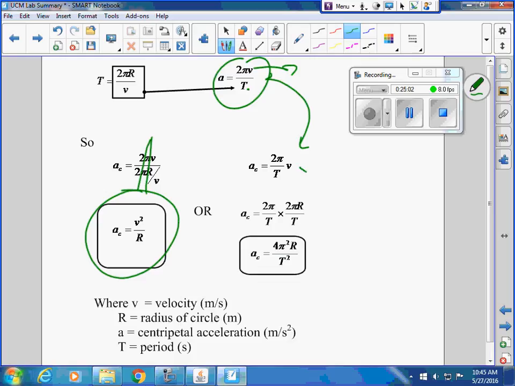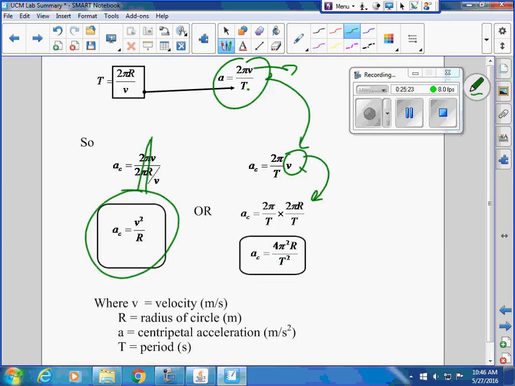Then I'm going to replace that v with 2 pi r over t from before. Multiplying across, 2 pi times 2 pi, there's no canceling. You get A equals 4 pi squared r over t squared, which is the craziest formula you've ever seen, I'm sure.